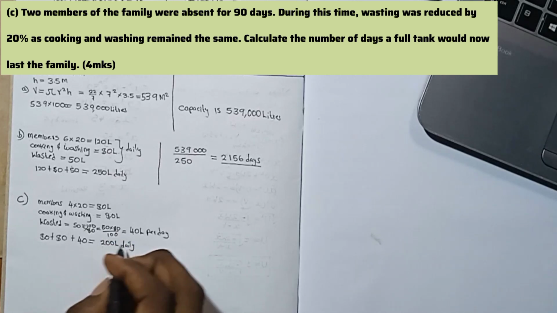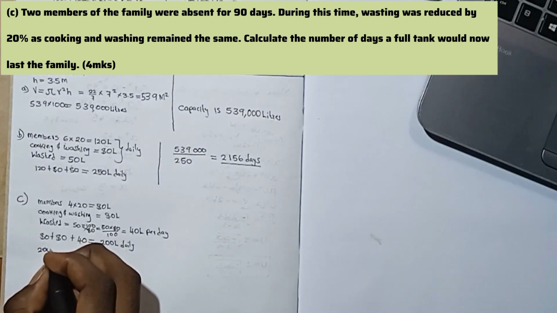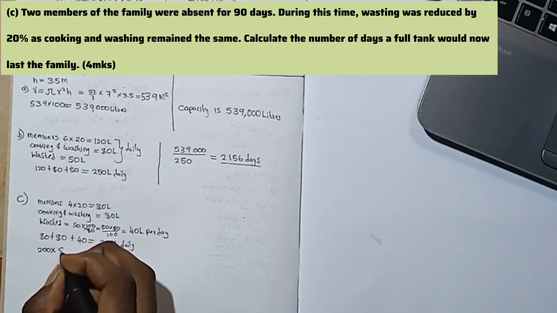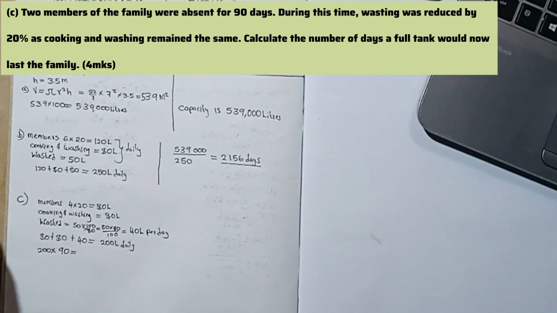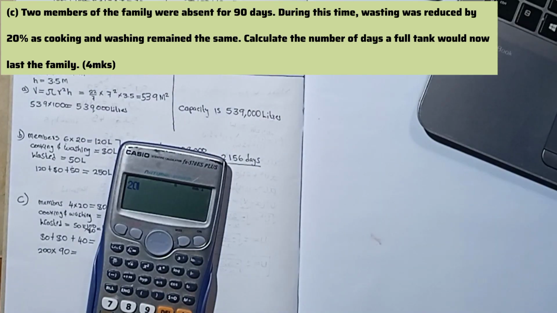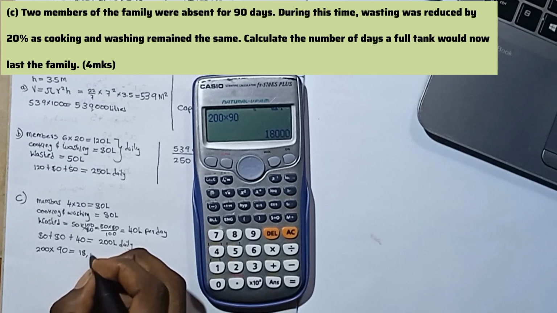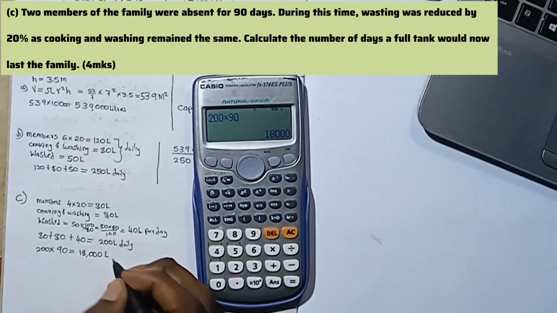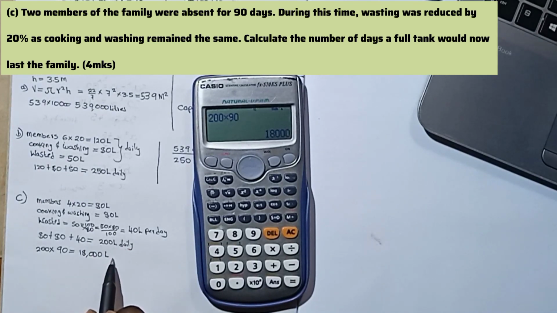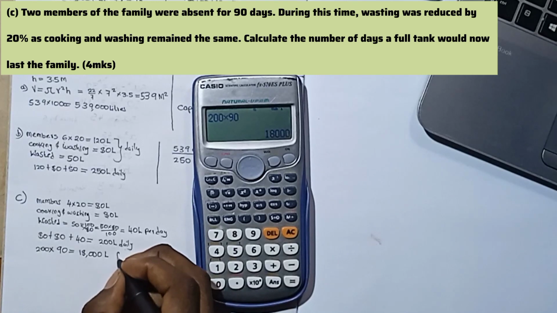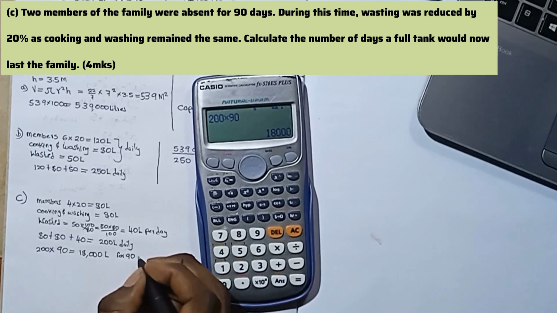So 200 liters we multiply by 90 is equal to 18,000 liters. This is the amount of liters that was used for 90 days.